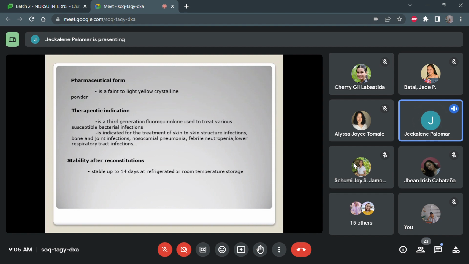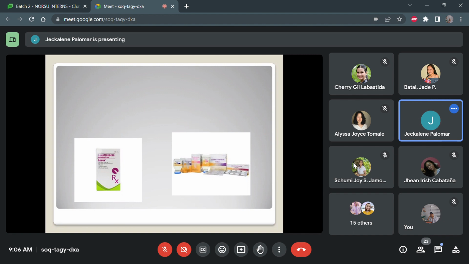It is a third generation fluoroquinolone used to treat various susceptible bacterial infections. It is indicated for the treatment of skin and skin structure infections, bone and joint infections, nosocomial pneumonia, febrile neutropenia, and lower respiratory tract infection. Stability: stable up to 14 days at refrigerated or room temperature storage.